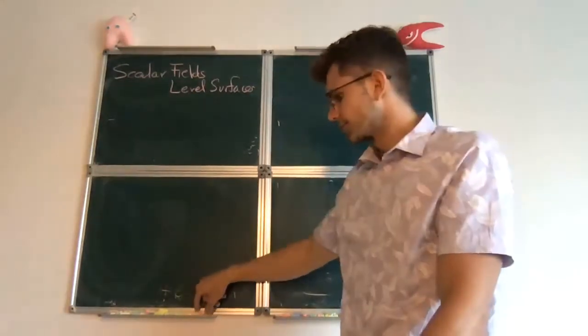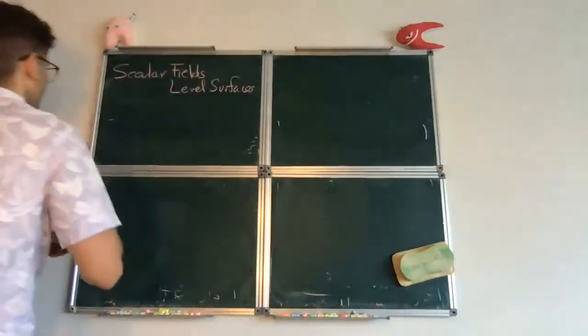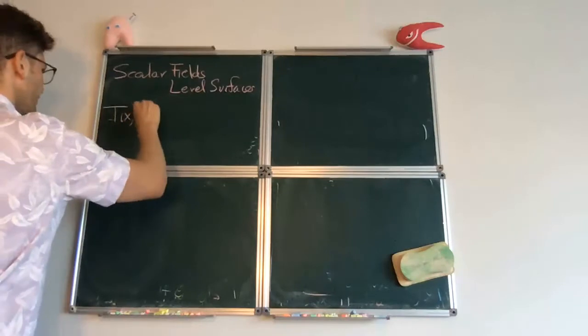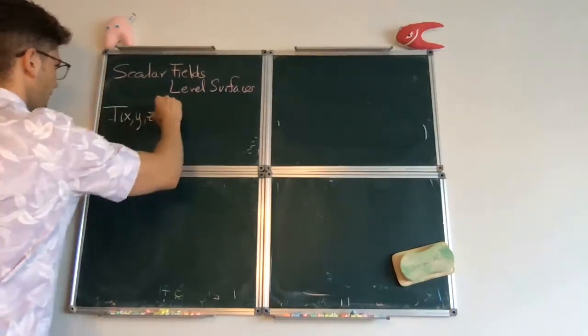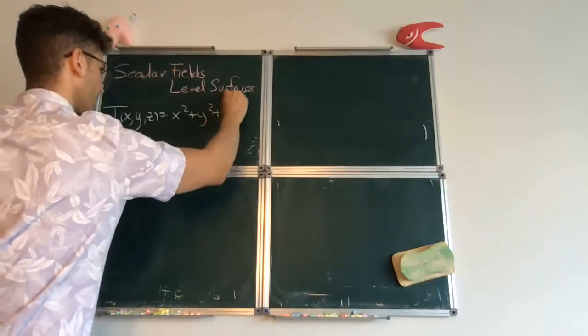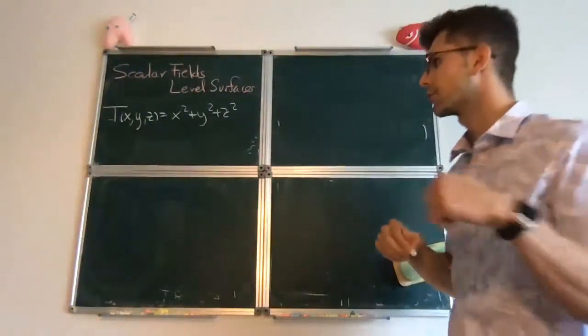Okay? And so let's think about a function of three variables. I'm going to even use a slightly different notation, so I'm going to call it T instead of f. So it could be, for example, x squared plus y squared plus z squared.